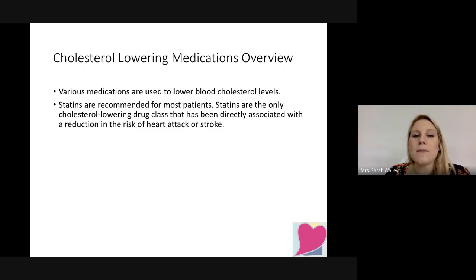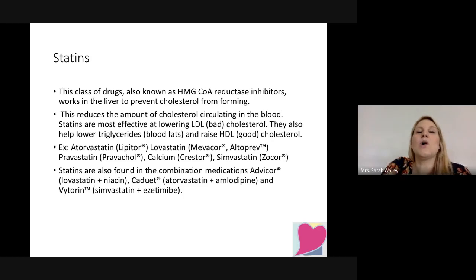Statins are recommended for most patients who have high cholesterol. Statins are the only cholesterol-lowering drug that has been directly associated with a reduction in the risk of heart attack or stroke. So statins are the first kind, and they're the most common.